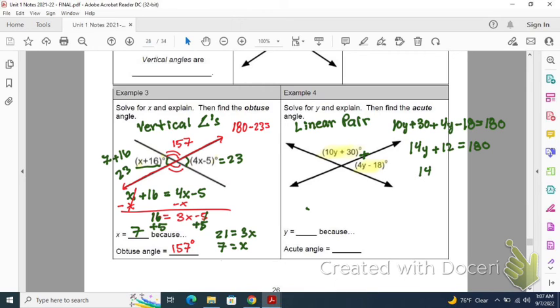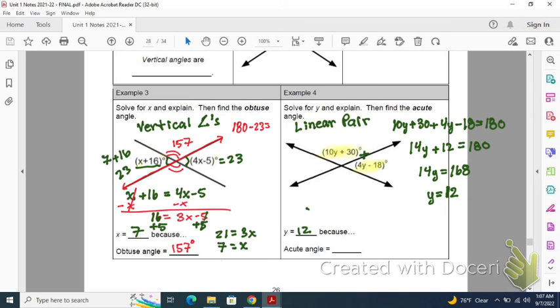Subtract 12 from both sides. You get 14y is equal to 168. And I believe you end up with y is equal to 12. Okay.